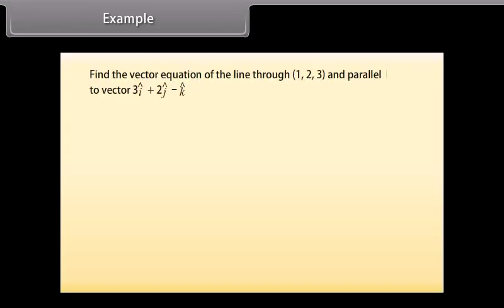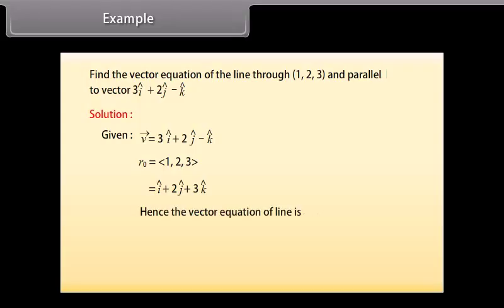Example. Find the vector equation of the line through (1, 2, 3) and parallel to vector 3i plus 2j minus k. Solution. Given vector v equals 3i plus 2j minus k, and r0 equals (1, 2, 3) equals i plus 2j plus 3k.